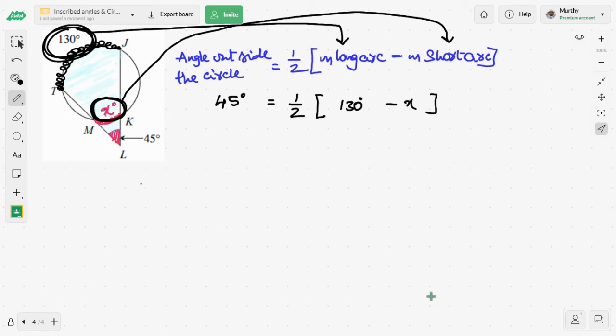Now our goal is again to isolate the variable.